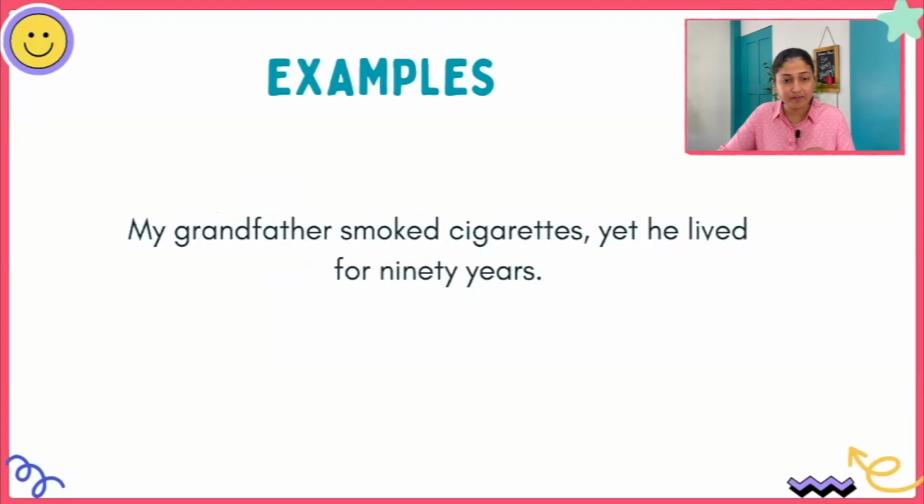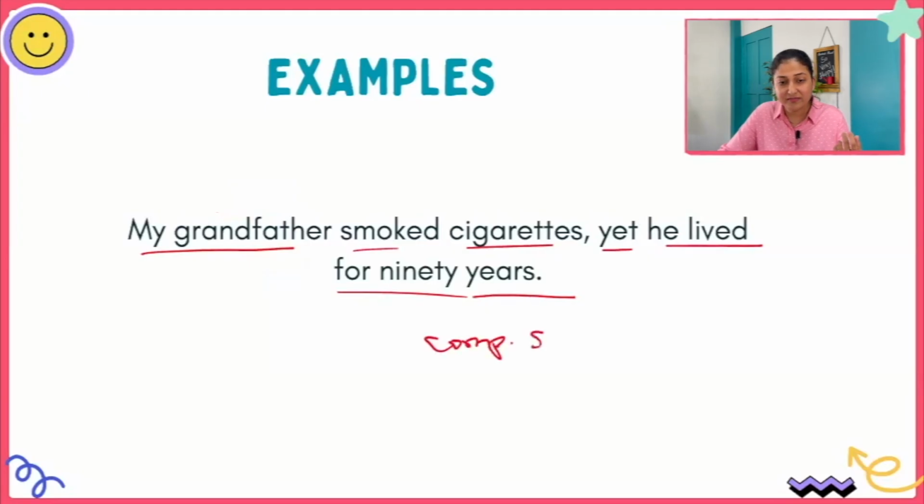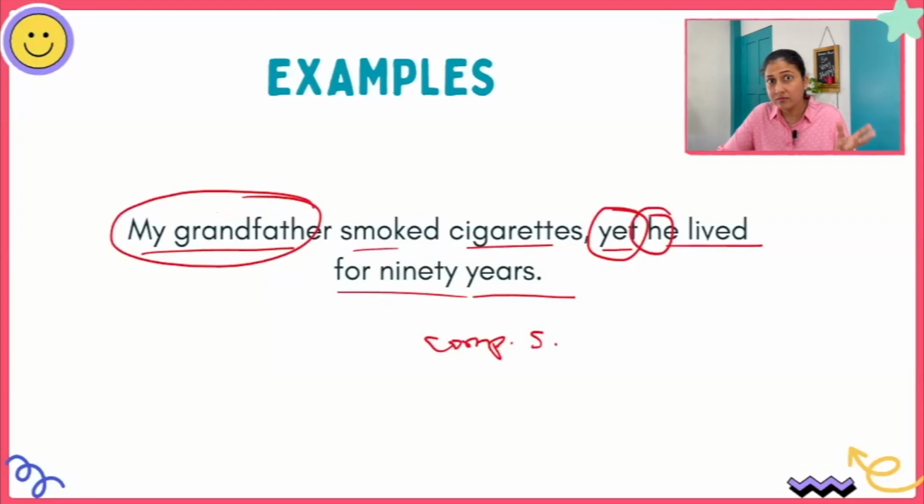Next example. My grandfather smoked cigarettes, yet he lived for 90 years. A compound sentence, because we have a coordinating conjunction, yet. We have two subjects, my grandfather and he, for both the clauses. That's why we will use a comma. Cool. Next example.